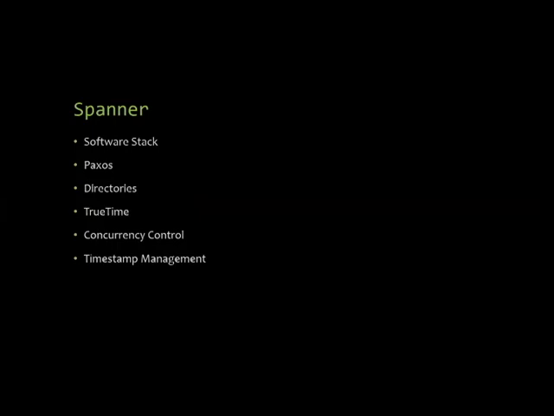A snapshot read is a read that executes without locking. A client can specify a timestamp for a snapshot or provide an upper bound on the desired timestamp staleness and let Spanner choose a timestamp.